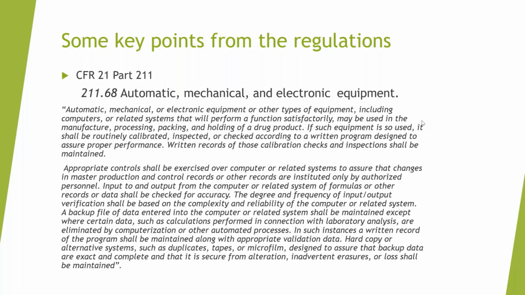So you must make sure that you routinely calibrate, inspect, or maintain or check it according to a written program designed to assure proper performance, and that written records of these calibration checks and inspections shall be maintained.